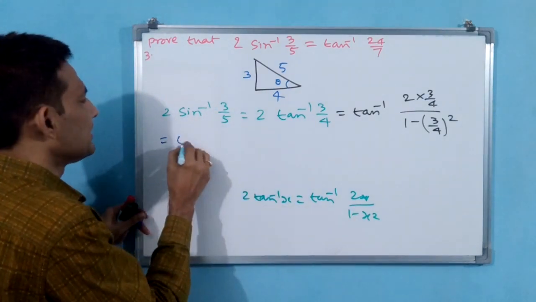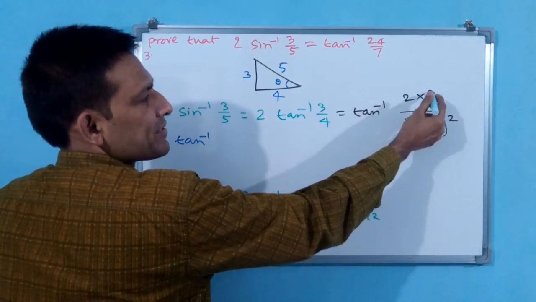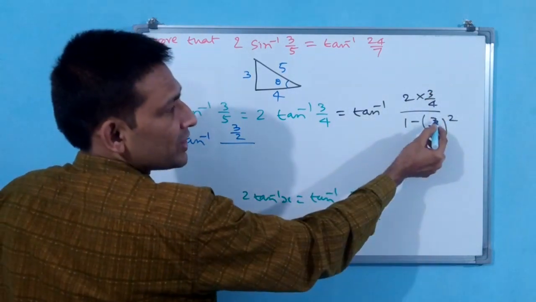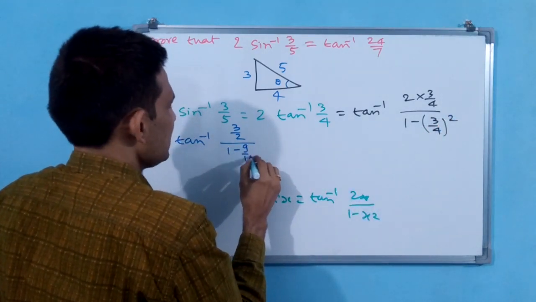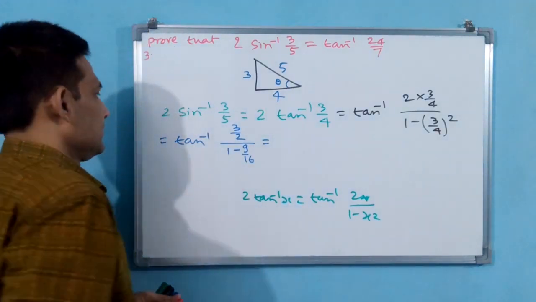Let us do tan inverse. See, 2 times 3 by 4 goes 3 by 2, by 1 minus 9 by 16, since 3 square is 9 and 4 square is 16.